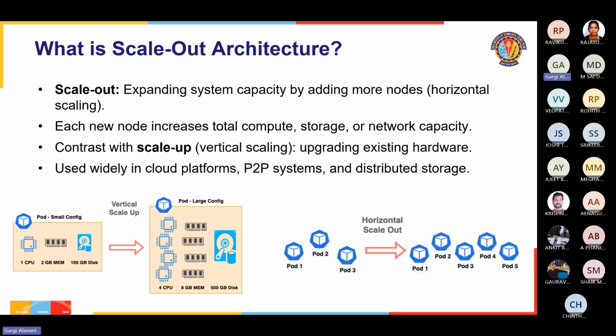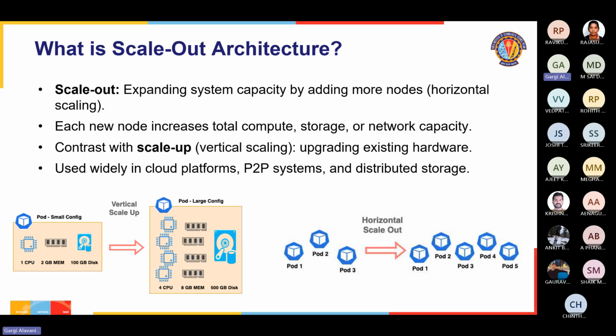We already discussed what a scale out architecture is, but we did not discuss what scale out is versus what a scale up is. So scale out is horizontal scaling, which is what is behind most large distributed systems, where you do not upgrade a single powerful server, but you add more nodes to the system.